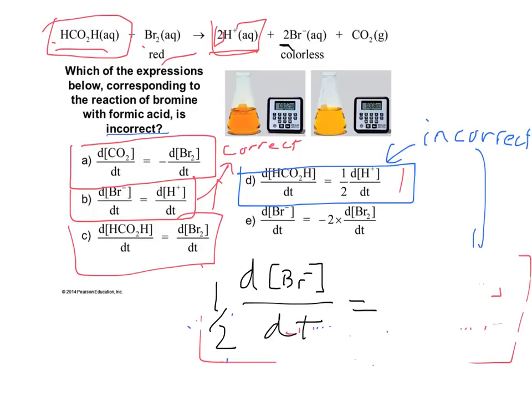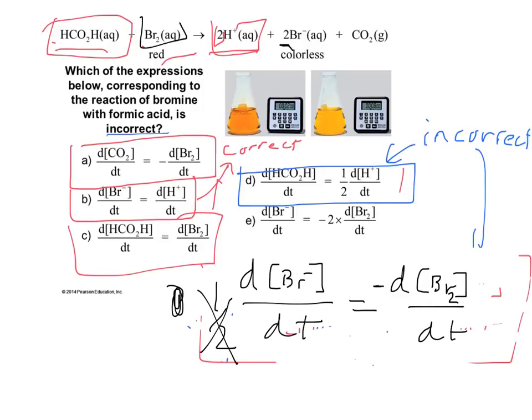Then if we were looking at our bromine, it's a reactant, so we'd put a negative there. So that would be the default way that we'd write that relationship. However, if we multiply both sides by 2, that goes to 1, and that becomes a 2. So that relationship's correct.